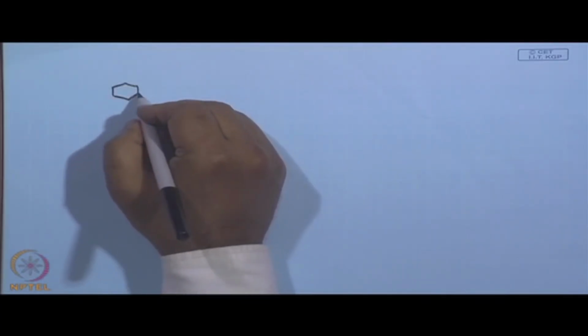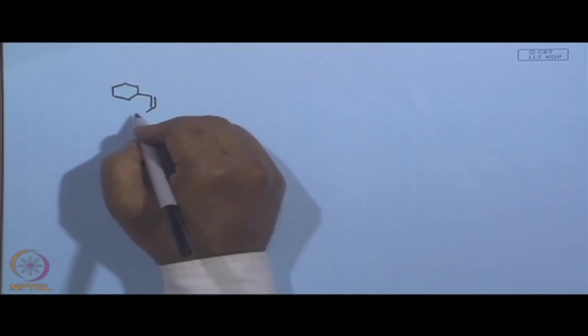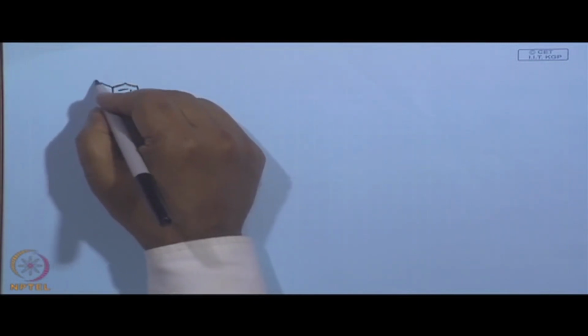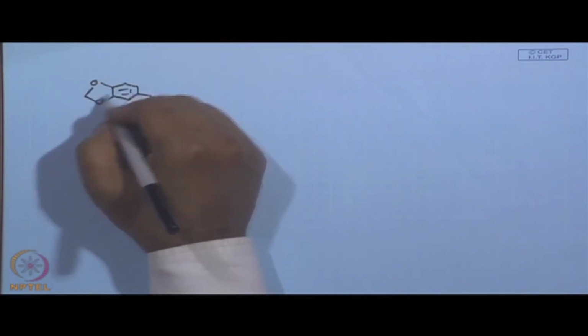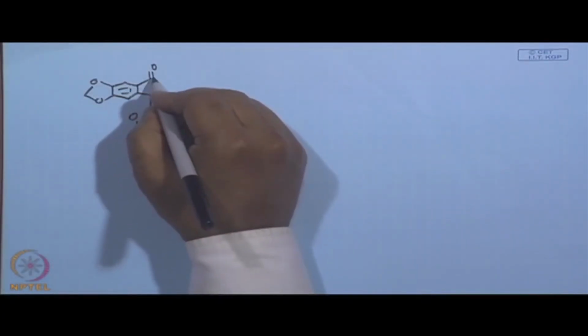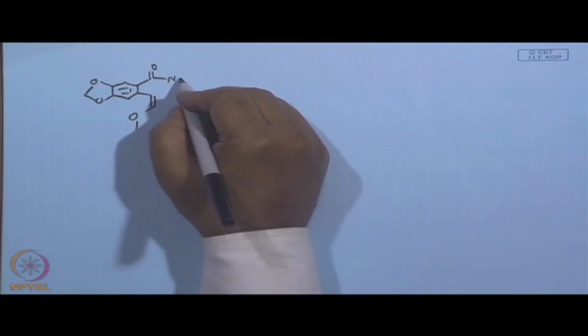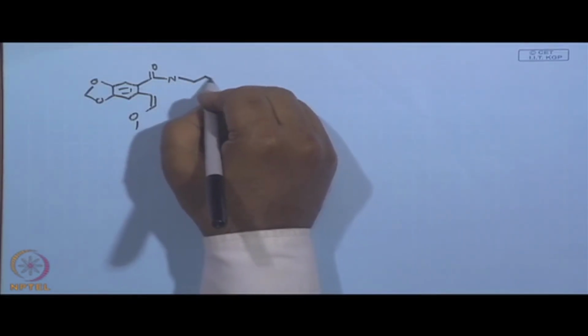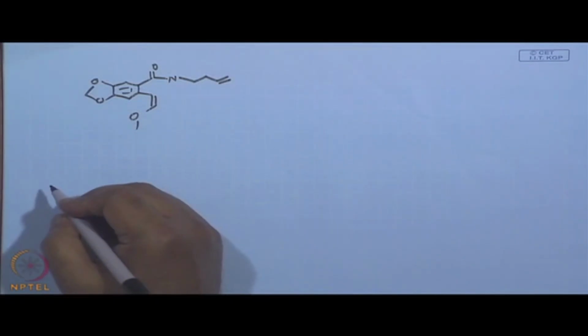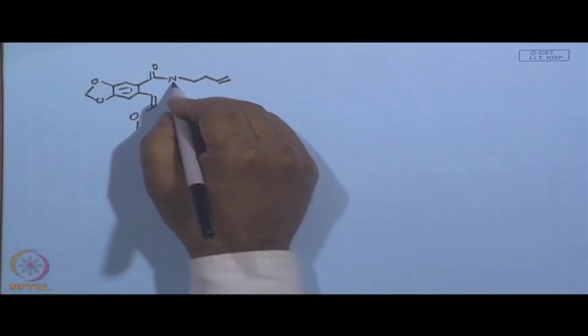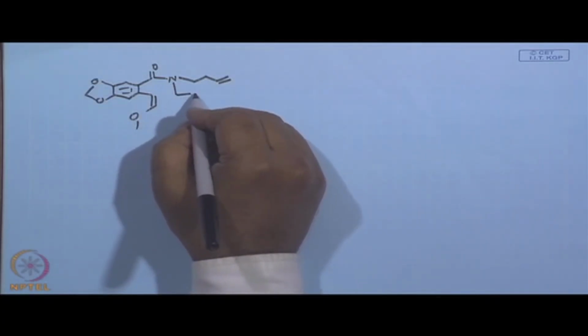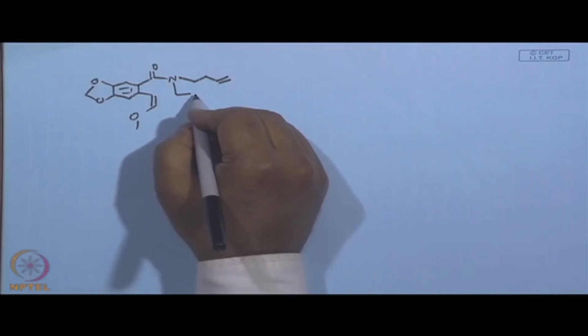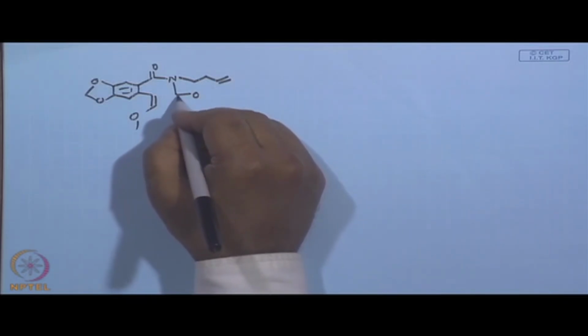Actually, here you have an olefin, and these are the typical natural product skeleton, that dioxolane. Then you have an amide group here. This amide is functionalized with 4 carbons. Then this is connected to an oxadiazole.